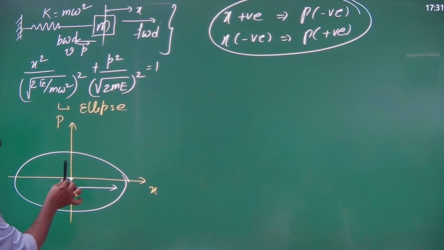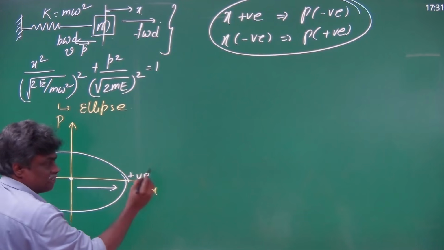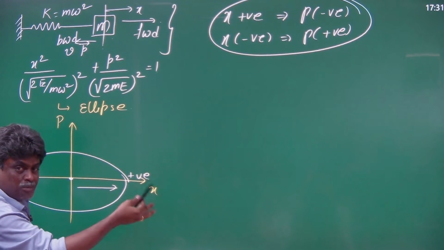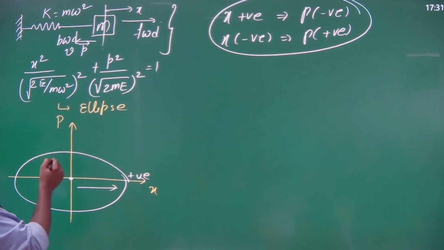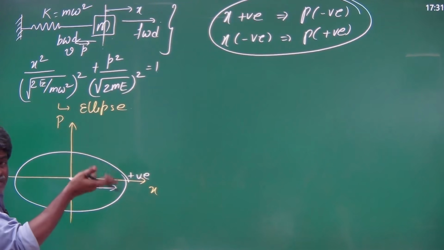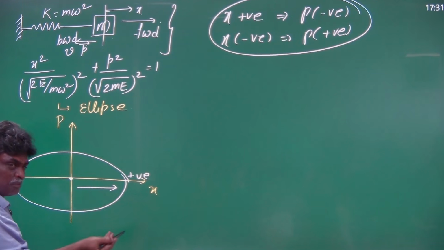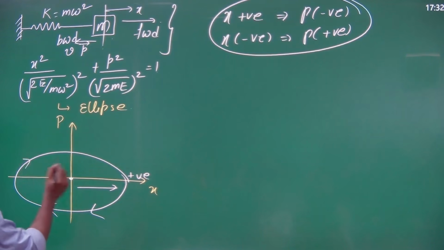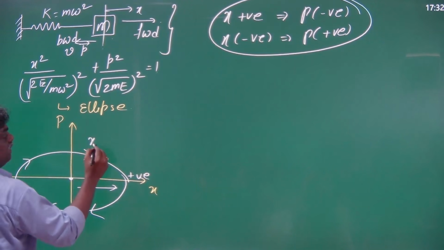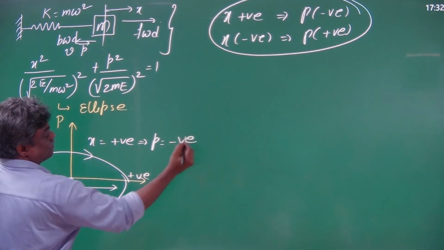If you displace the particle from the mean position so x is positive and you release it, then momentum should be negative. If you go in the anti-clockwise direction, momentum is positive. So that's why the trajectory should be clockwise. So in this clockwise only, if x is positive, momentum is negative.